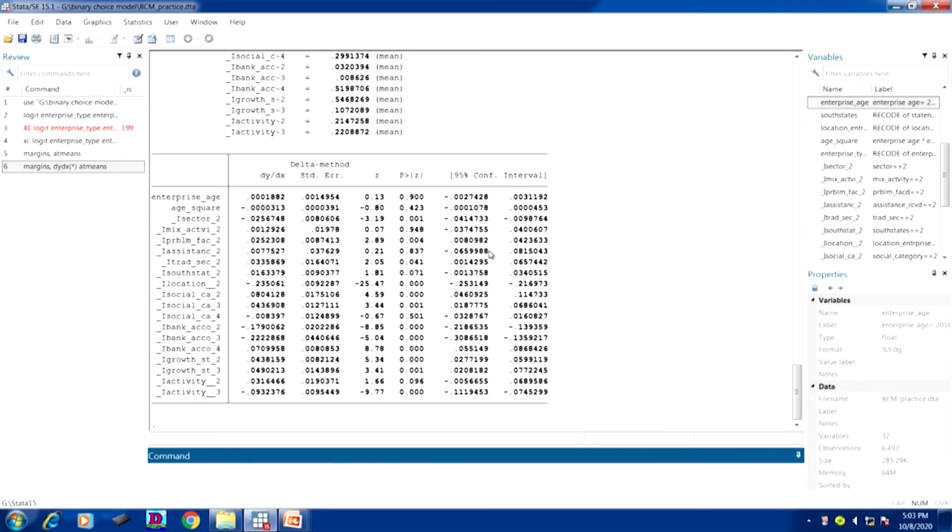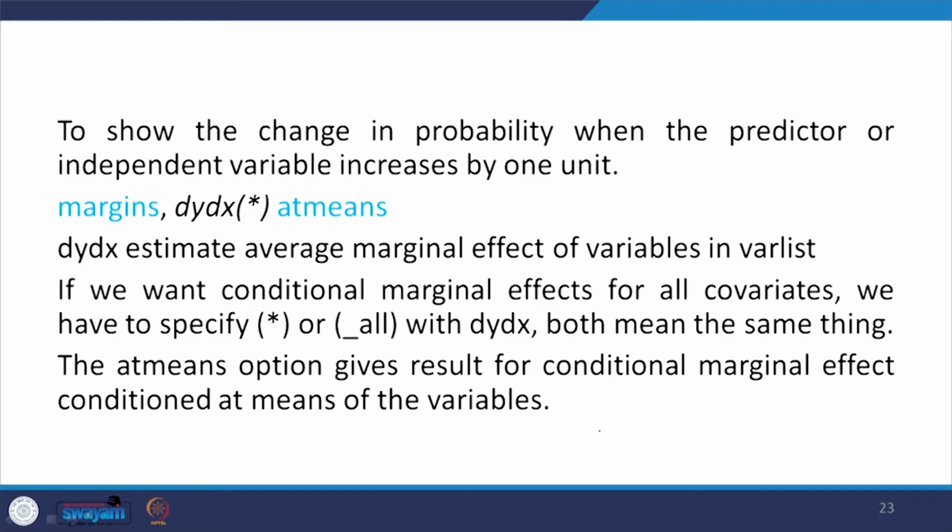Generally, it is highly linked with the coefficient values, but if you interpret the coefficient values directly, that is misleading. So, it is better to stick to this. Now, dy by dx estimates the average marginal effect of the variables, because we have set them at mean values. So, the average marginal effect is derived.